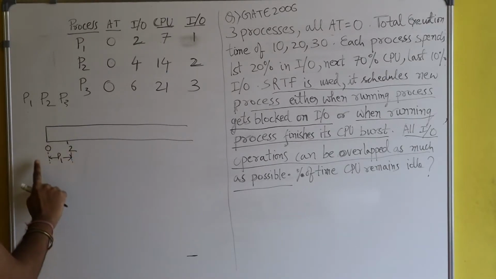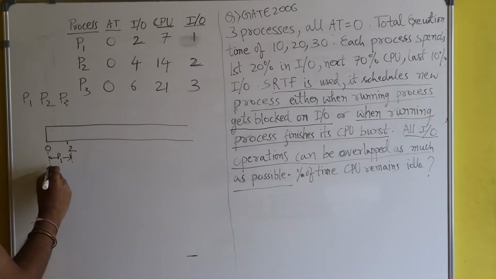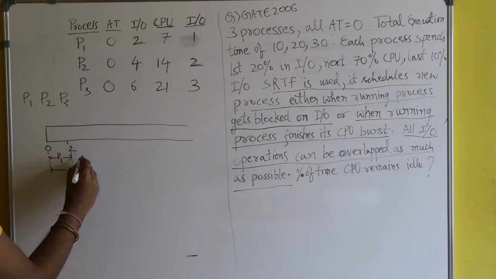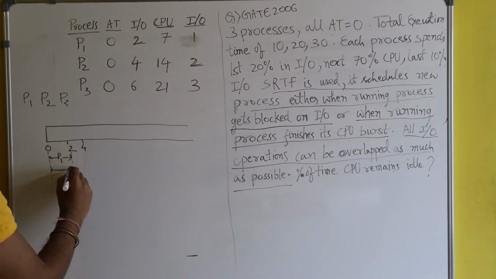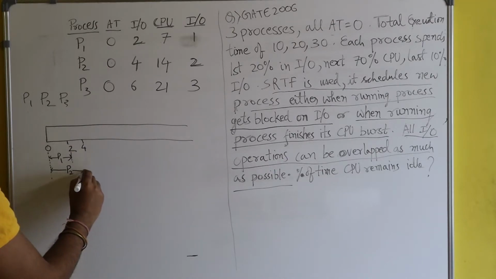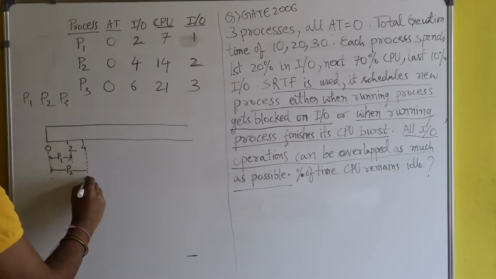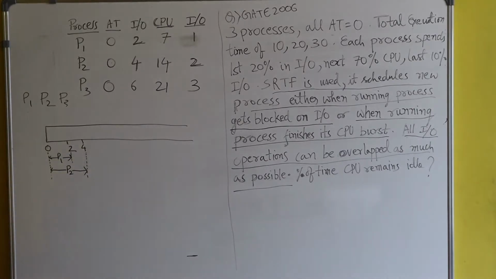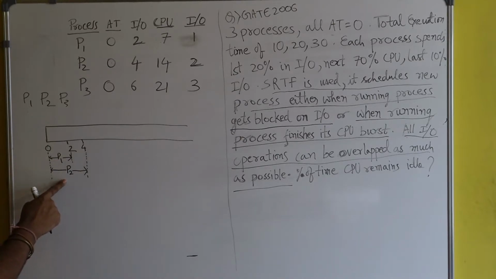Since IO operations can be overlapped, I will write again from here: 0 seconds to 4 seconds is dedicated for P2. Fine. So you see how the IO operations are overlapped.